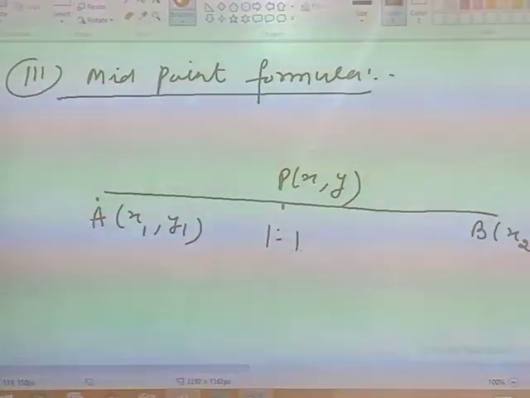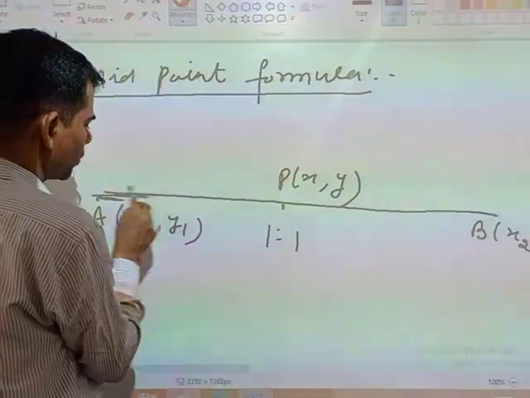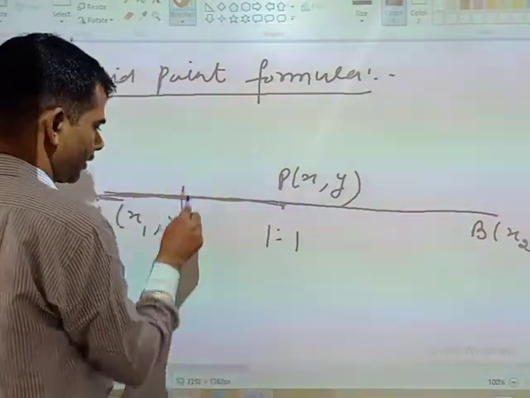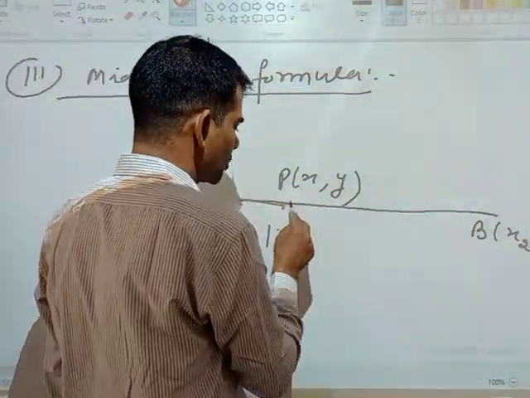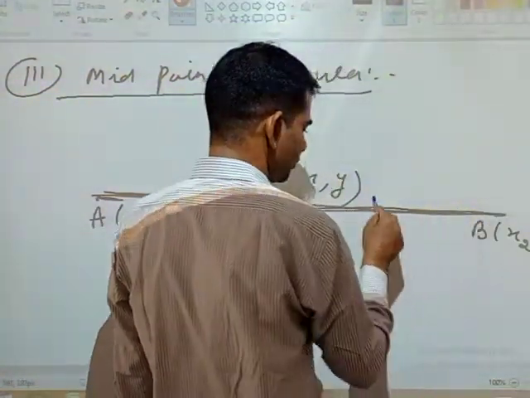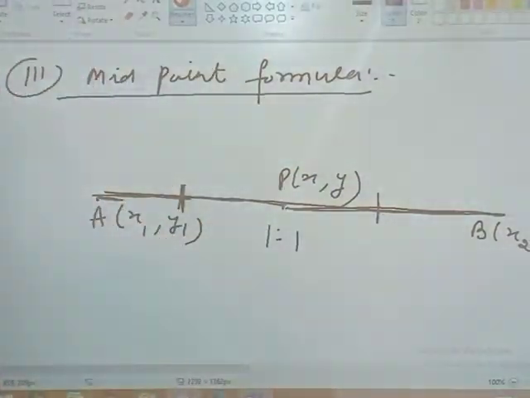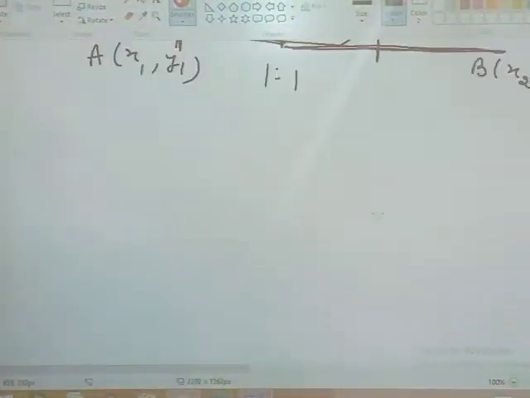Midpoint means the distance of AP is equal to the distance of BP. This is the equal distance.